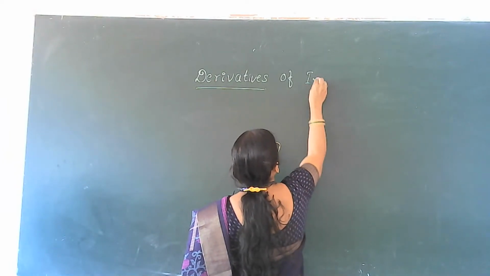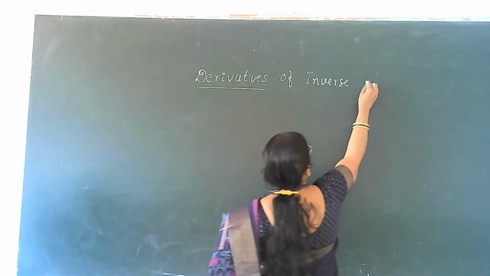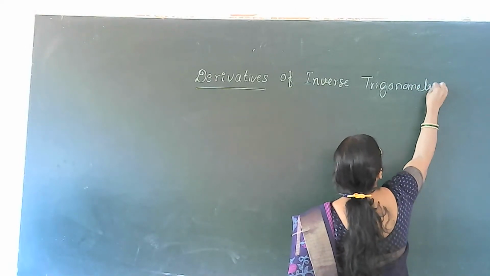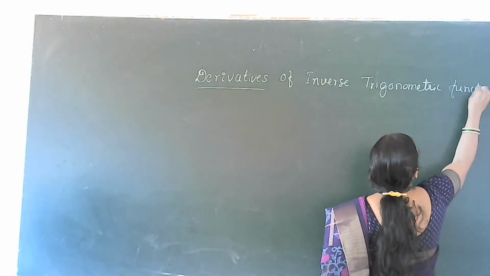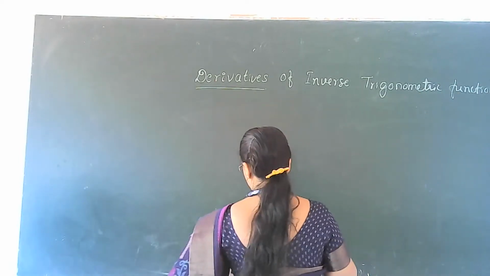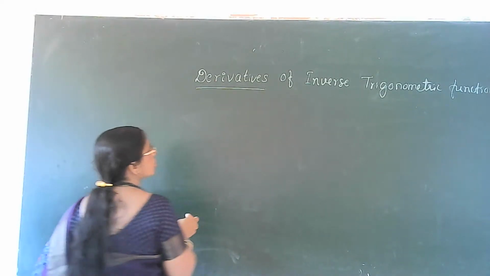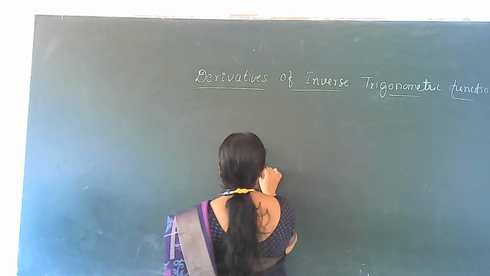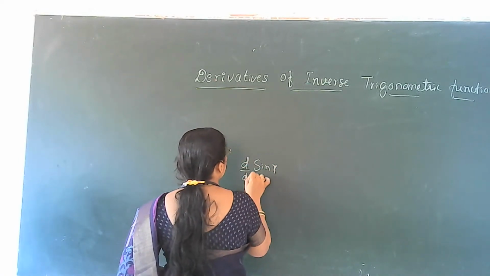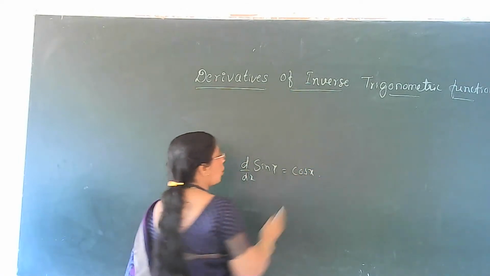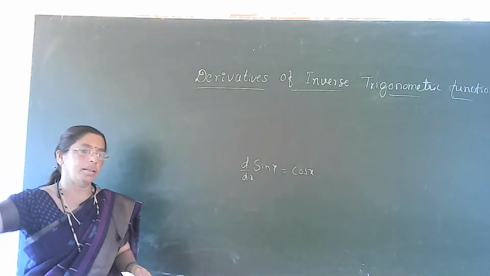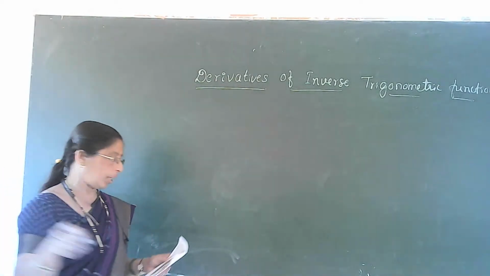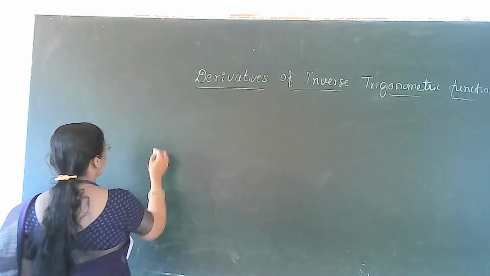Derivatives of trigonometric functions you know. Derivative of sin x is cos x, derivative of cos x is minus sin x, etc. But here we have to find the derivative of inverse trigonometric functions.